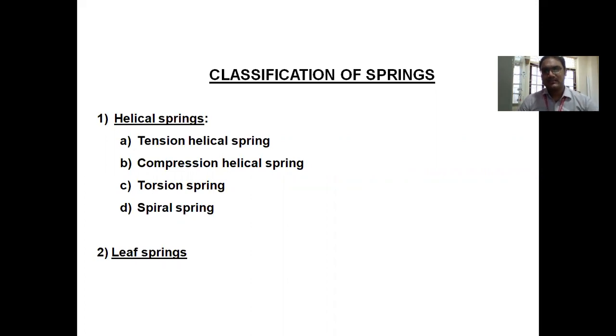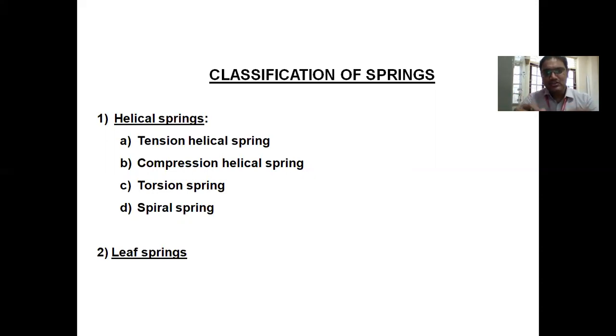Helical springs are classified into different categories: springs subjected to tension we call tensile helical springs, springs subjected to compression we call compression helical springs, and springs subjected to torsion are called torsional springs and spiral springs. The next one is the leaf spring, which can also be called a bending spring, because that spring is in the form of plates.